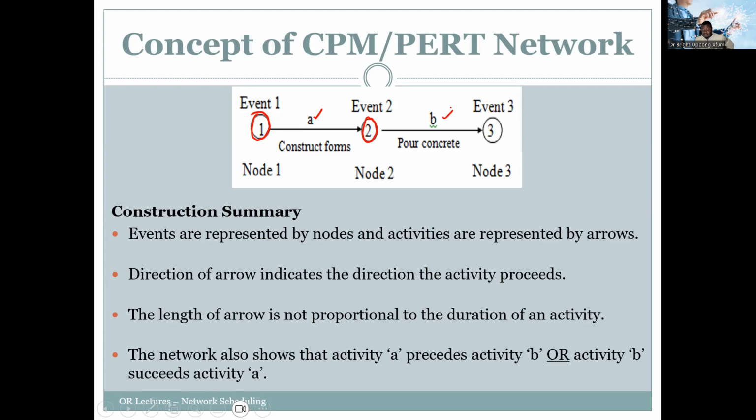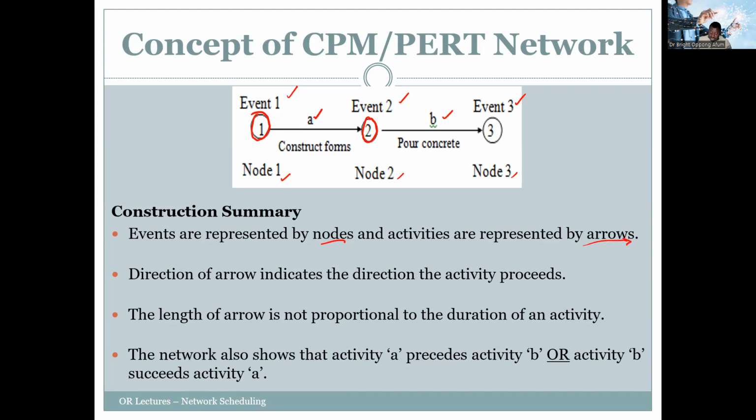So you see that we have three events. The start event, construction of form done, and then concrete has been poured. So usually we have node 1, node 2, and node 3 representing the event positions. The events are represented by nodes and activities are represented by arrows.